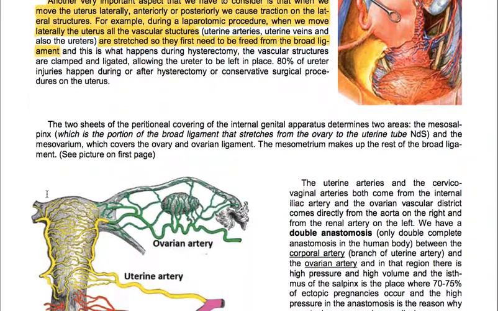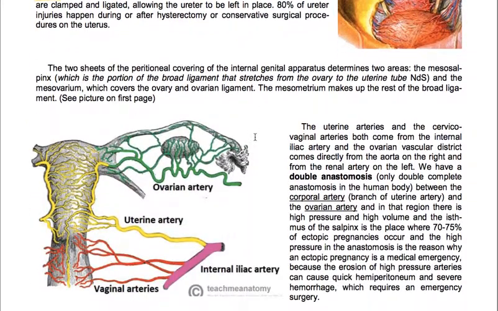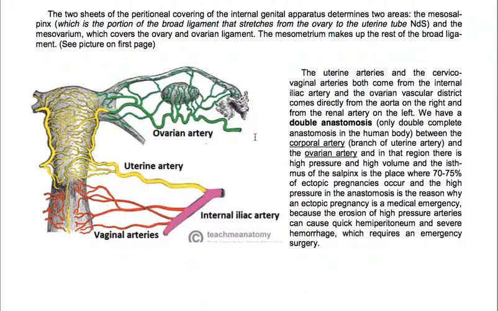Then, the two sheets of peritoneal covering of the internal genital apparatus determine two areas: the mesosalpinx, which is the portion of the broad ligament that stretches from the ovary to the uterine tube, and the mesovarium, which covers the ovary and ovarian ligament.